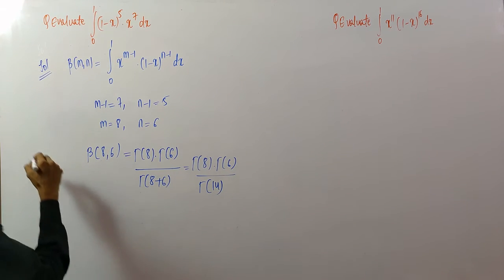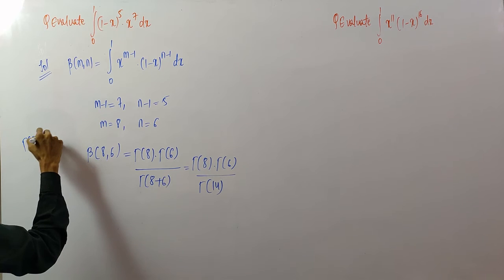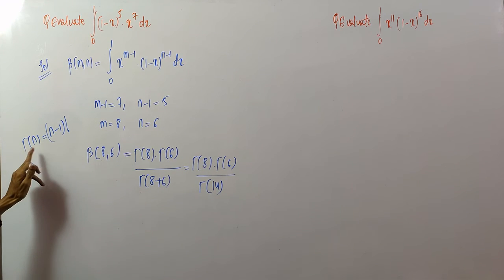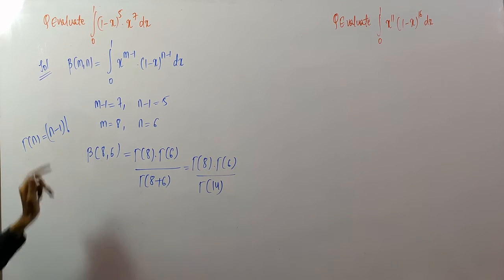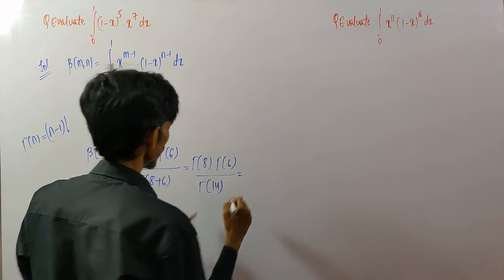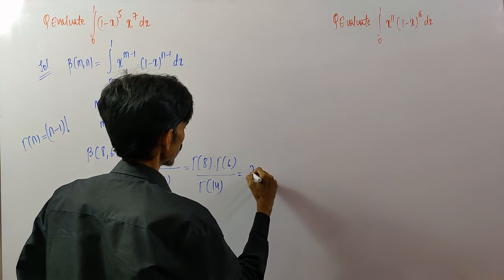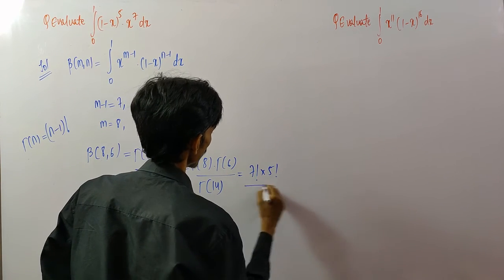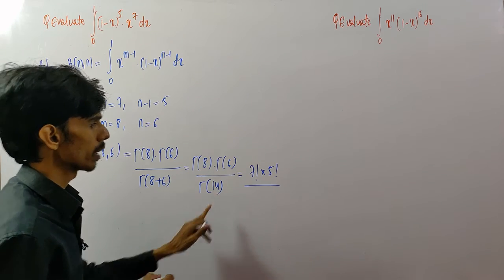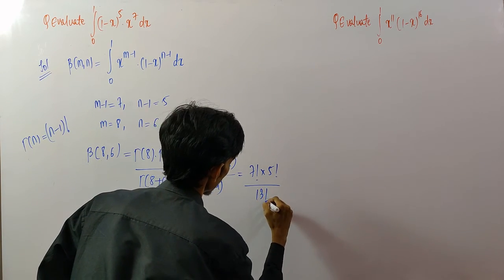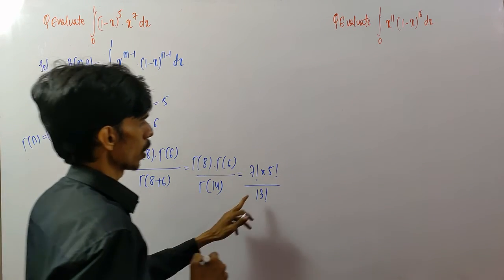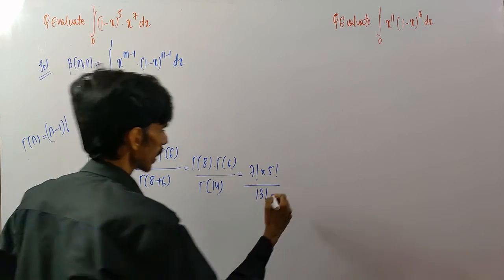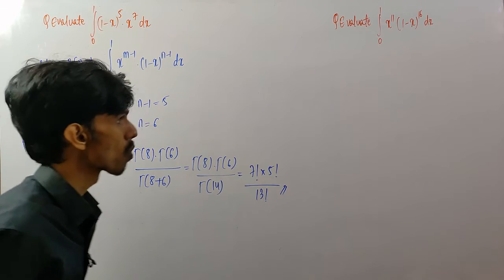We also know that gamma of n can be written as n minus 1 factorial. So this can be written as 7 factorial into 5 factorial divided by 13 factorial. Now by using a calculator we can calculate this value, or we can leave it here also.